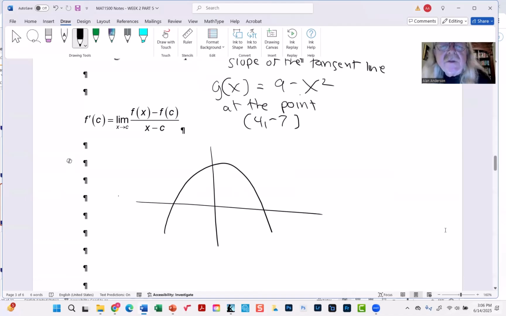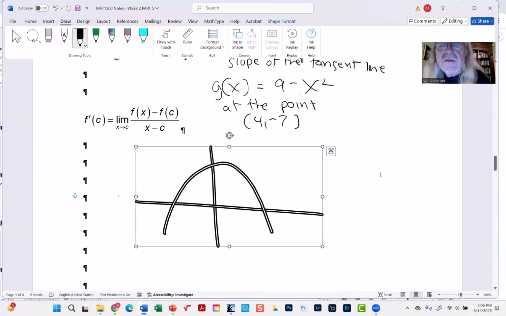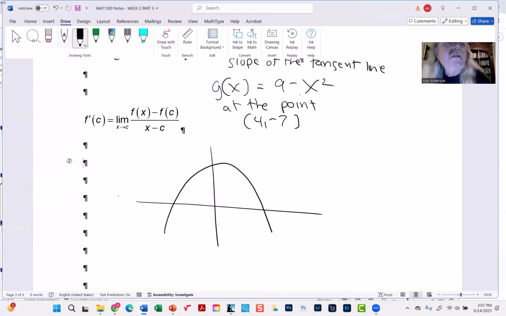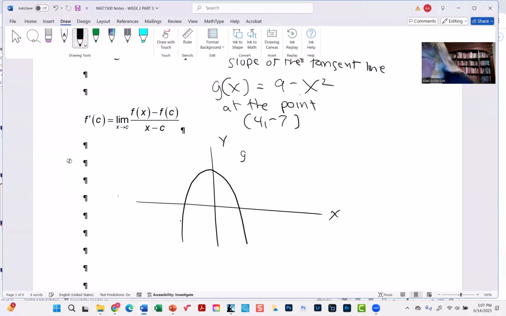And let's see, it would look something like this, actually. Let me fix that a little bit. The intercept would be (9, 0). All right, that's probably better. So we have g of x is 9 minus x squared.